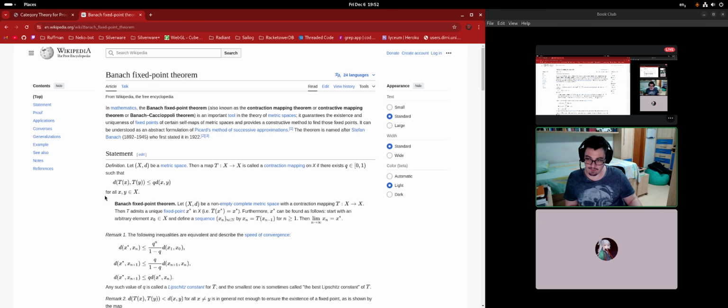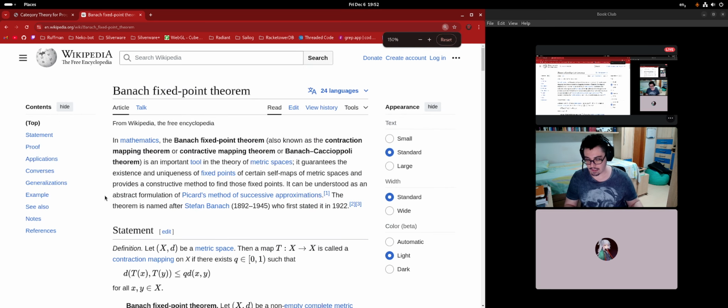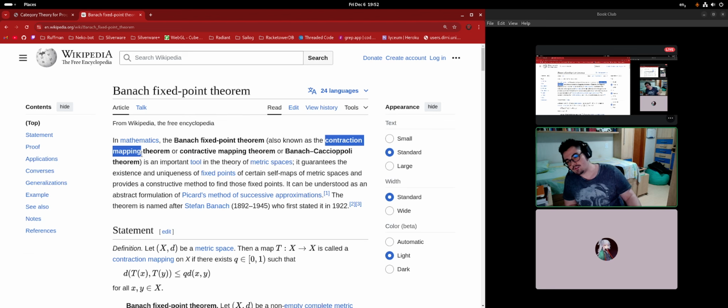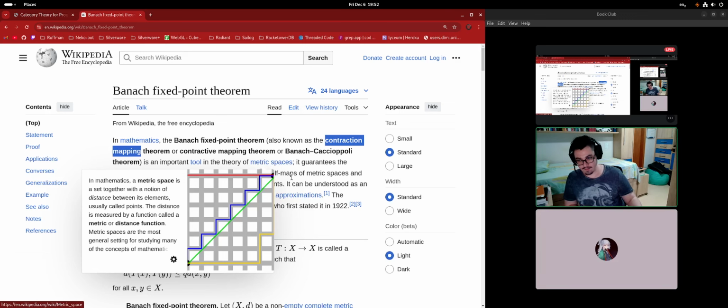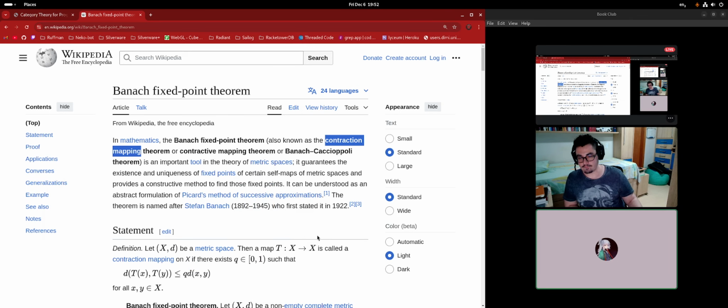This one actually establishes preconditions, and I read this because of my master's. You need to establish that the operation that you're doing is actually a contraction mapping. And fixed points are everywhere in many domains of engineering. This one I read was specifically about metric spaces, but it goes beyond that.